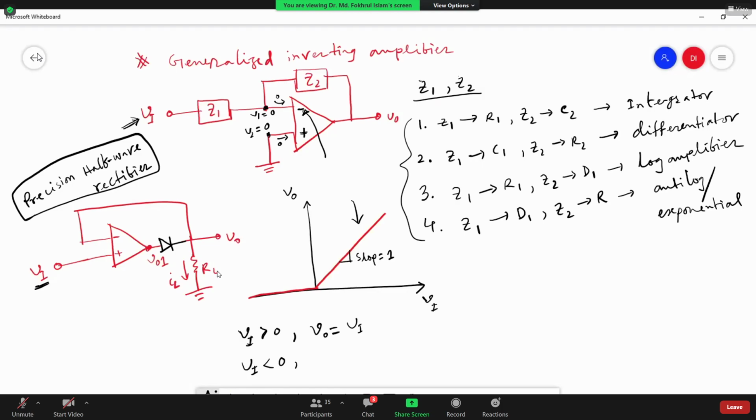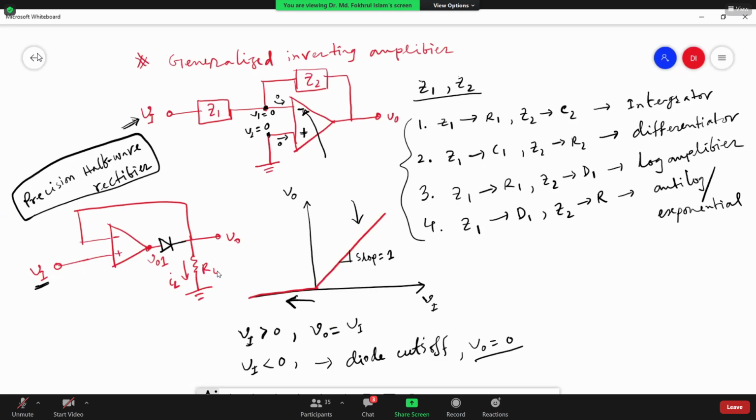The diode will be cut off. Then if the diode is cut off, V0 will be simply 0, and that's why it happened here. The feedback loop will be broken, so the output voltage will be 0.